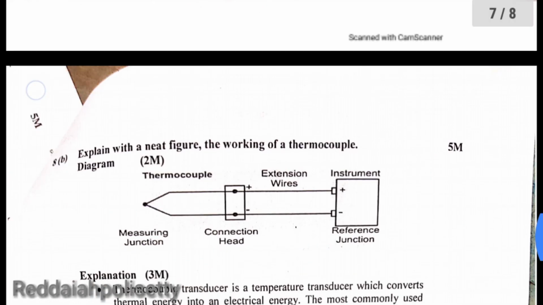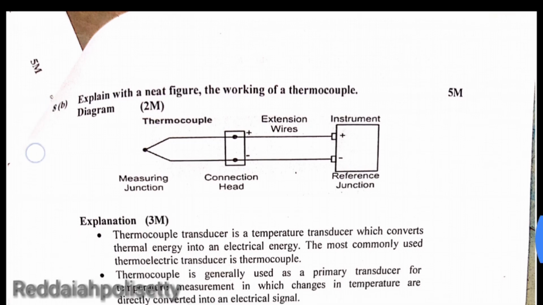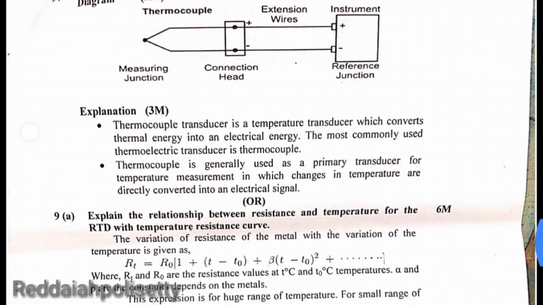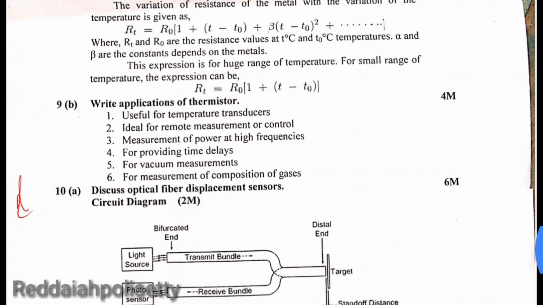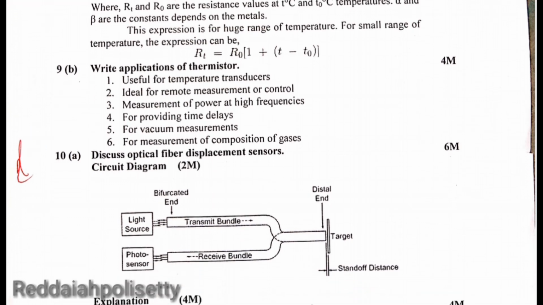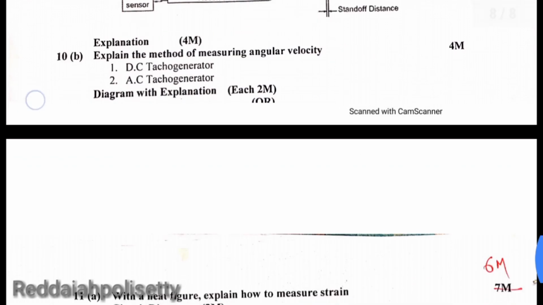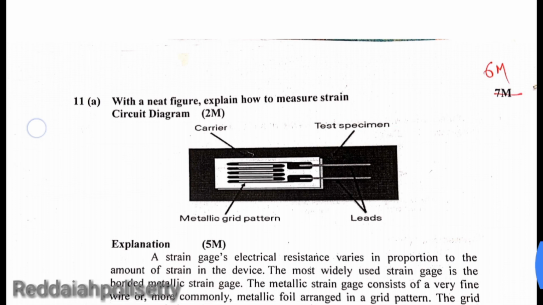Next, with a neat diagram, explain the thermocouple. A thermocouple has 2 metals. Explain the relationship between resistance and temperature. With a neat figure, explain how to measure strain, with the circuit diagram.